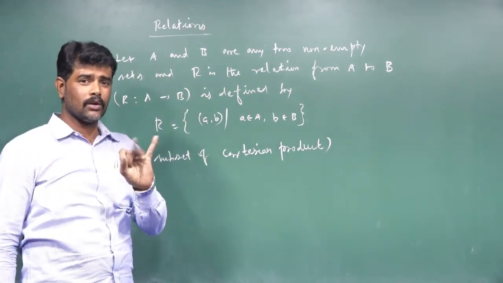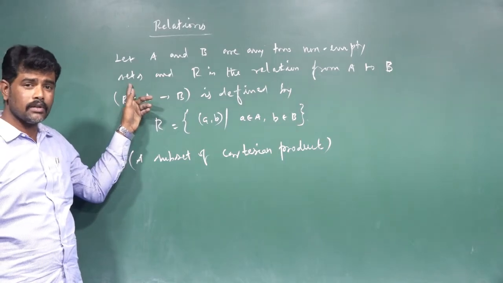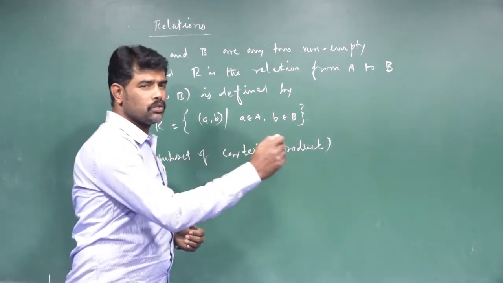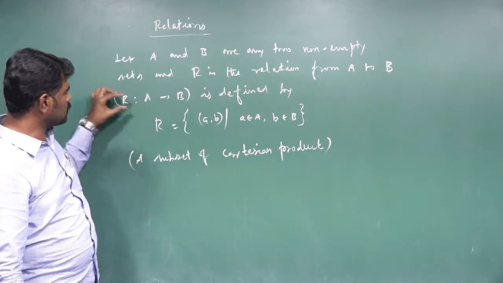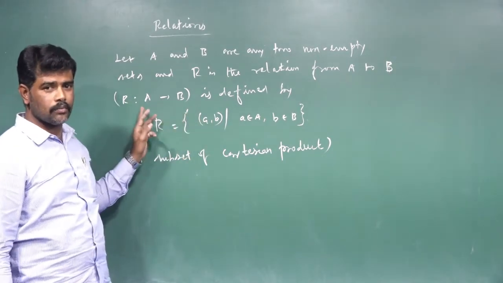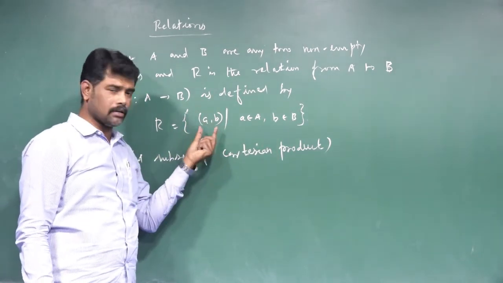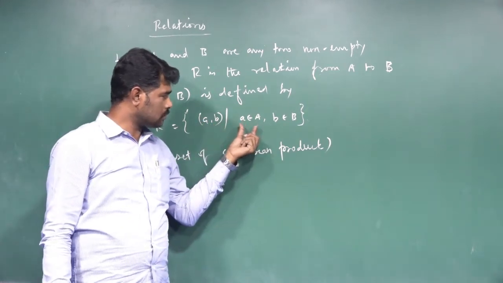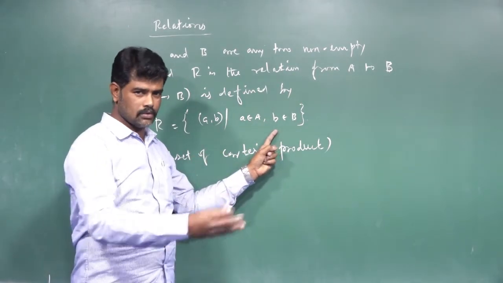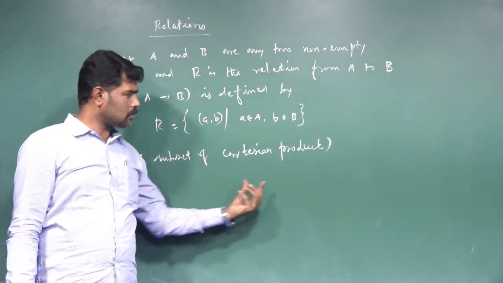Here we have taken two sets, one is A and one is B. Let A and B be any two non-empty sets, and R is a relation from A to B. Relation R from A to B is defined by R equal to the set of all pairs (a,b), where a belongs to A, the first set, and b belongs to B, the second set. So this is nothing but a subset of the Cartesian product.